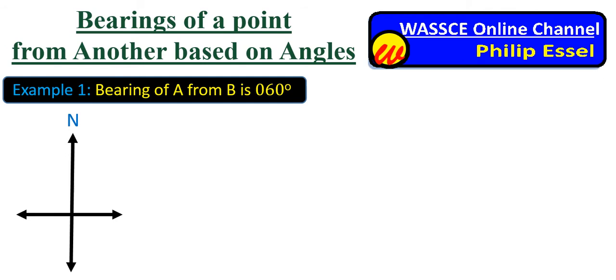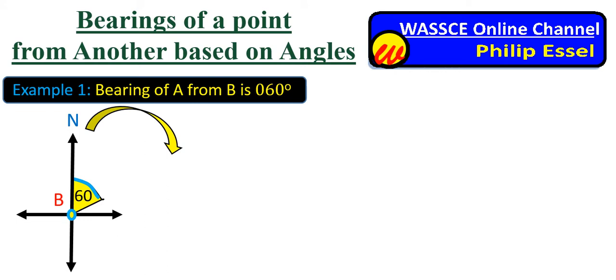So we will need to show our point B, the starting point, at the origin of the cardinal point. Remember, we are doing 3-figure bearing, so we would have to start counting from the geographical North Pole clockwise 60 degrees.